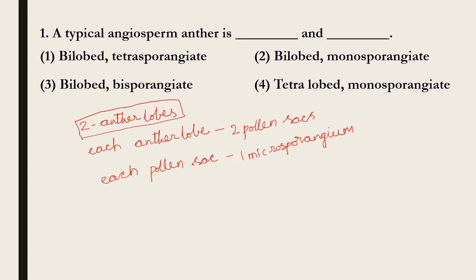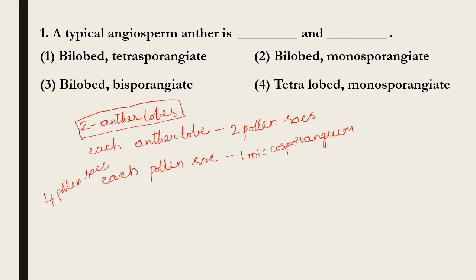The anther is bilobed. Now, how many sporangia are present? Each anther lobe consists of two pollen sacs. Number of anther lobes, 2; 2 into 2, the total anther consists of 4 pollen sacs.